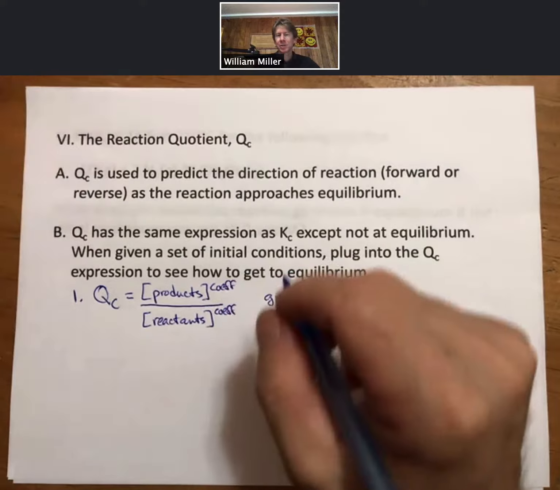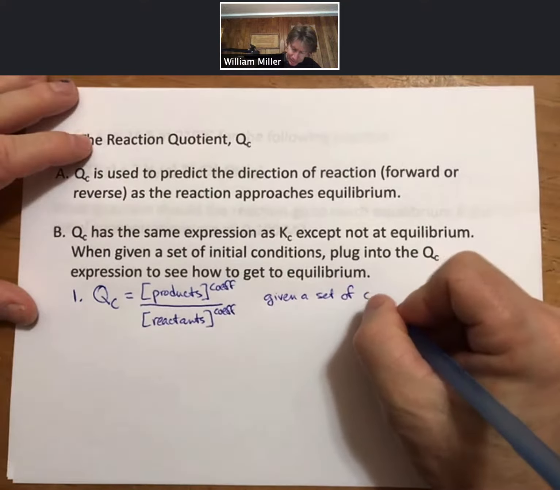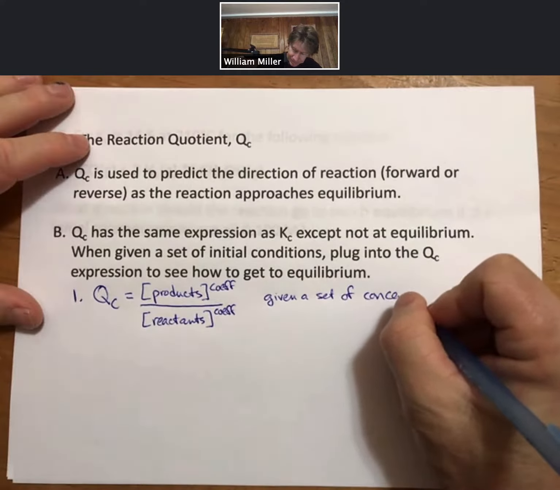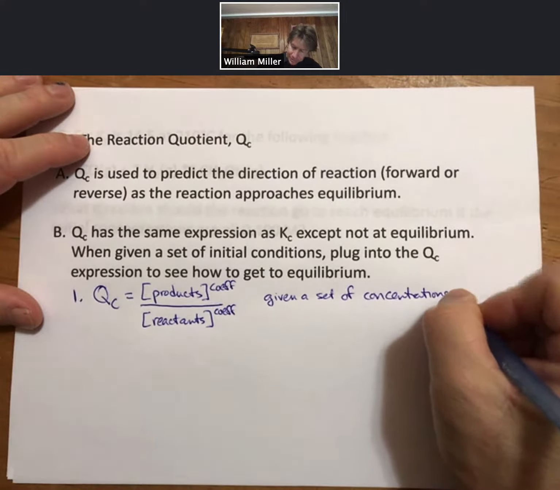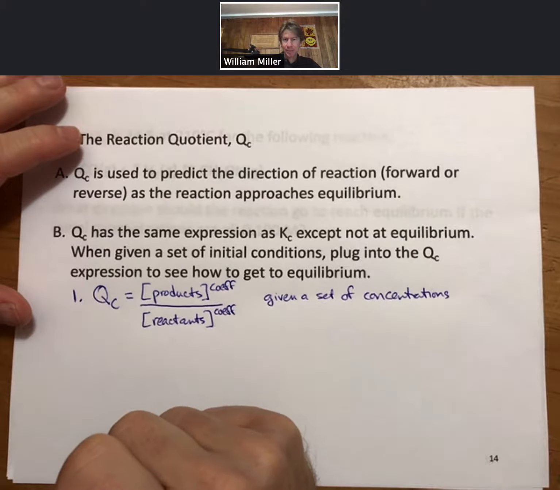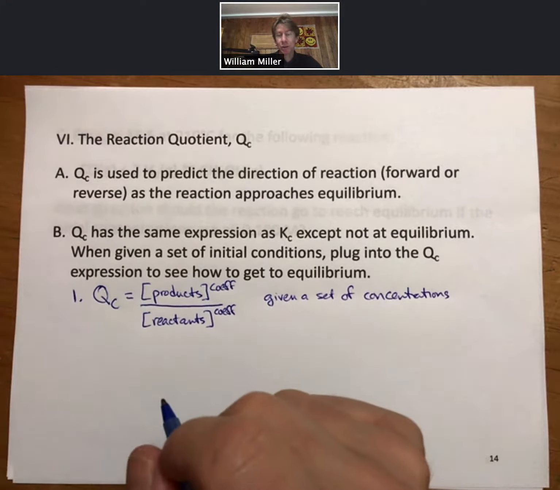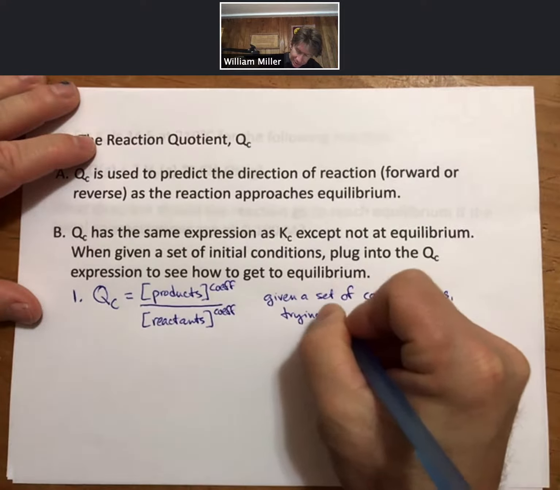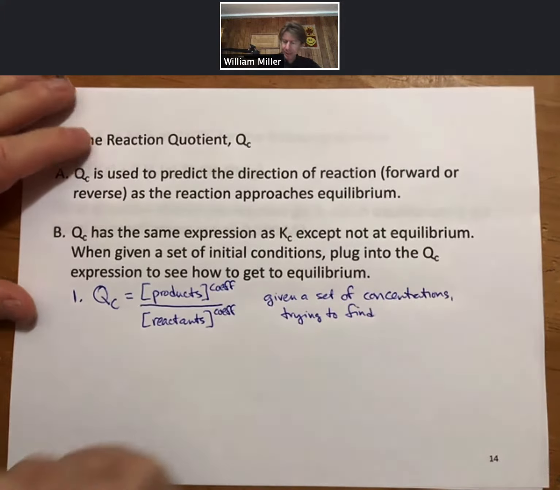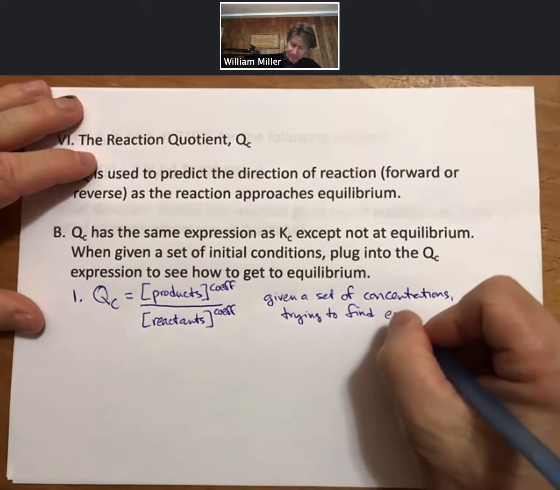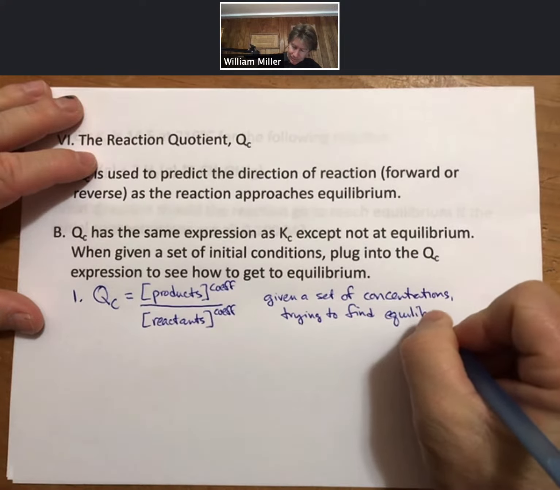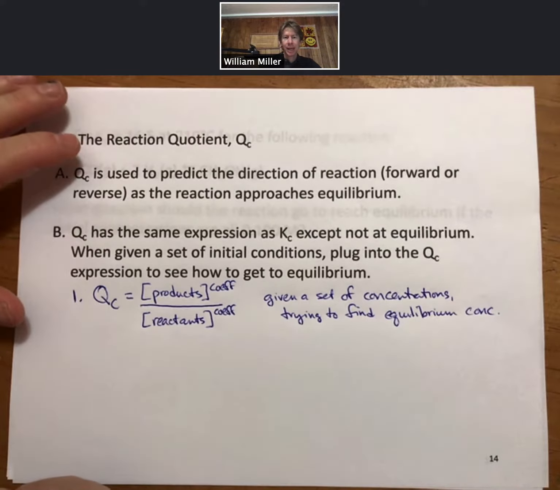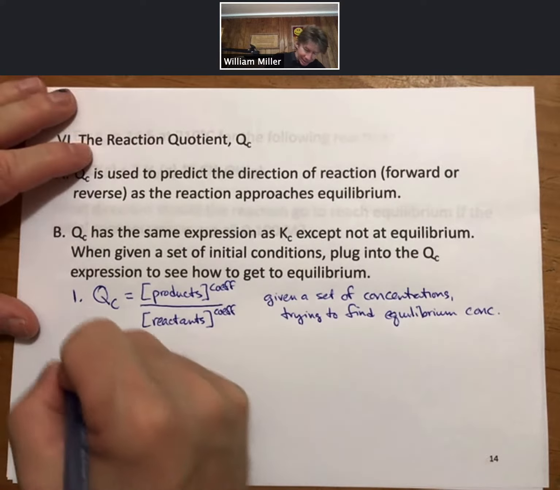By conditions, I mean a set of concentrations for QC or a set of partial pressures for QP, given a set of concentrations, and our interest is to find out how to get to equilibrium, trying to find equilibrium concentrations.